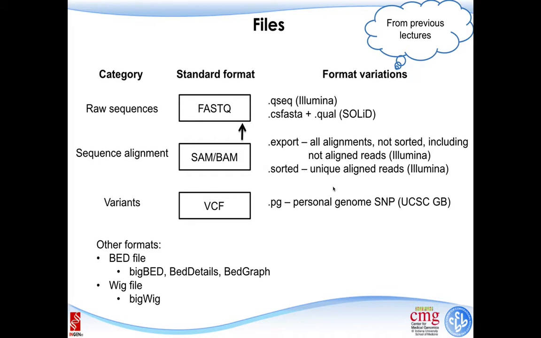Both of these two file levels can be indexed and queried very efficiently, if your data is stored in the right format. We also explained a few variations of other formats, including the BED files and the BigWig files, and there are several variations of those.